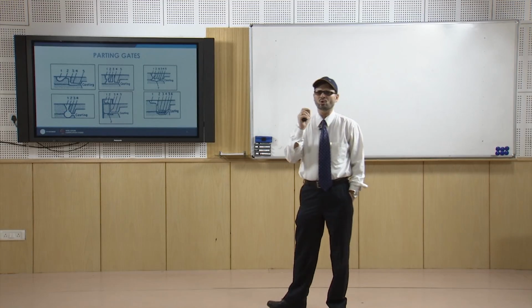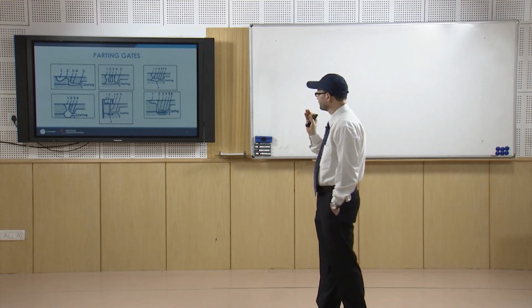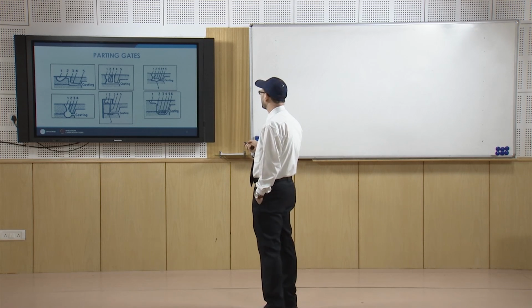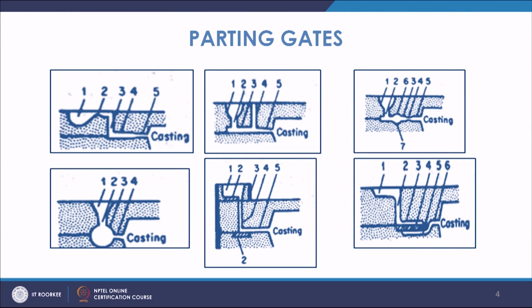This strainer core will try to filter out the inclusions or the refractory particles coming along the main stream, and then you get clean metal going into the cavity. So, these strainer cores are used in those cases.